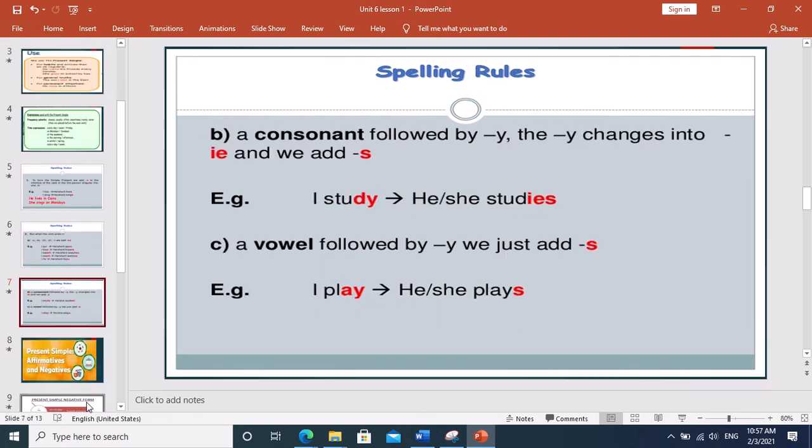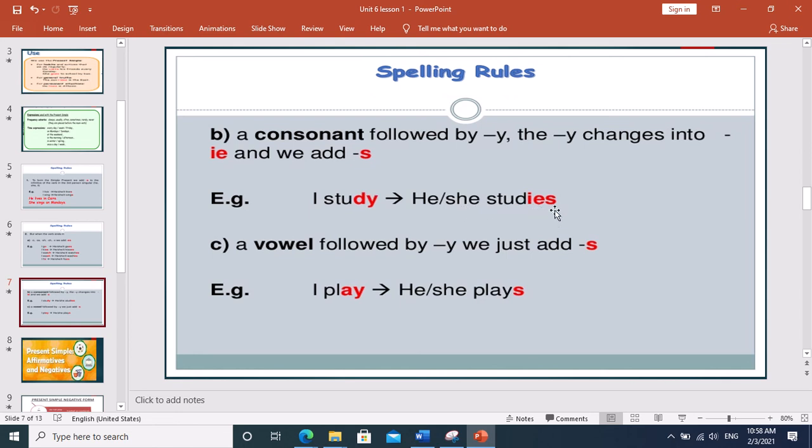We have another rule. If the verb ends with y, what shall I do? I'm going to look at my verb. If it ends with y and before y I have a consonant letter, with he or she, I have to cross y and put es.